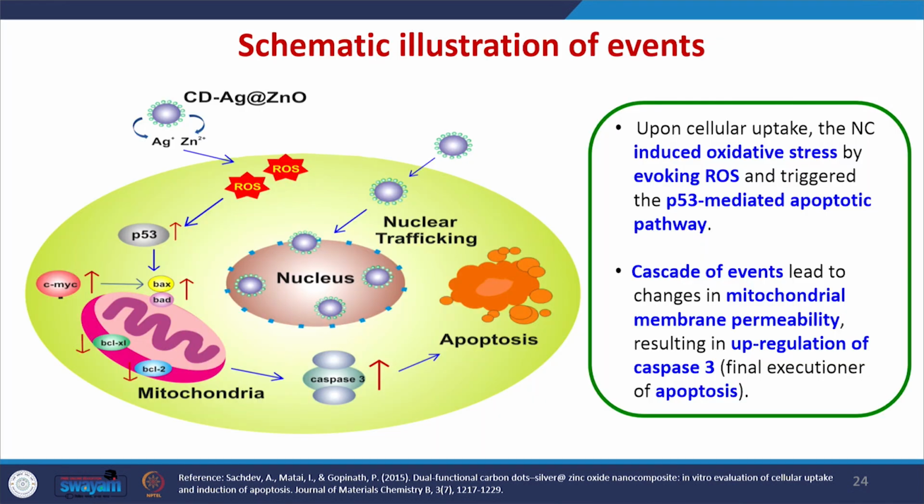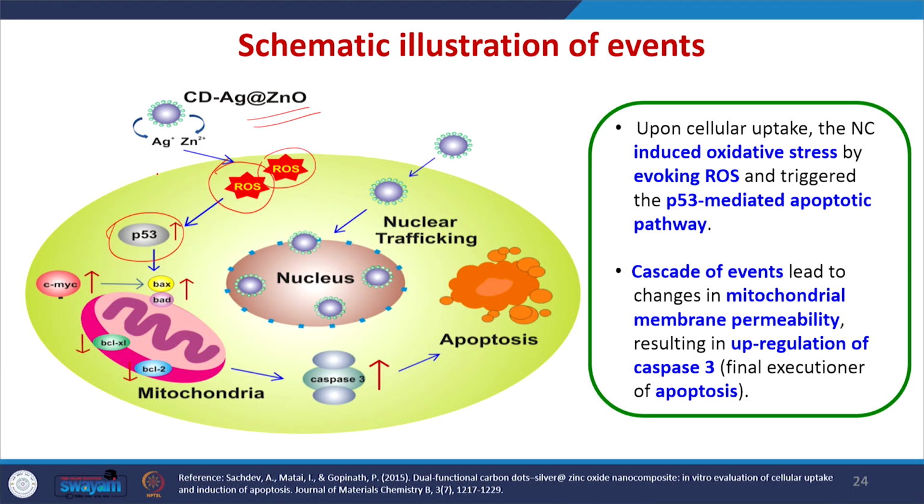Based on the various assays, we can propose the mechanism of apoptosis induced by the nanomaterial. You can see here when you are using this nanomaterial, it is inducing the ROS, which can be detected by using this DCFH-DA dye, and that leads to induction of P53.